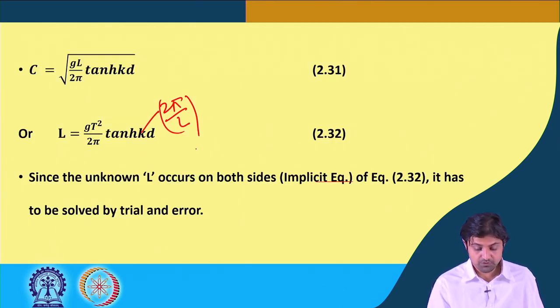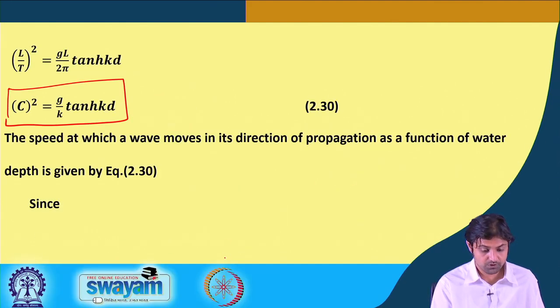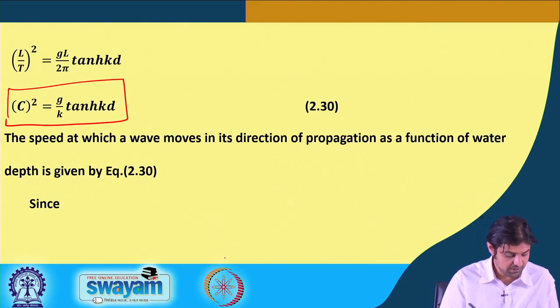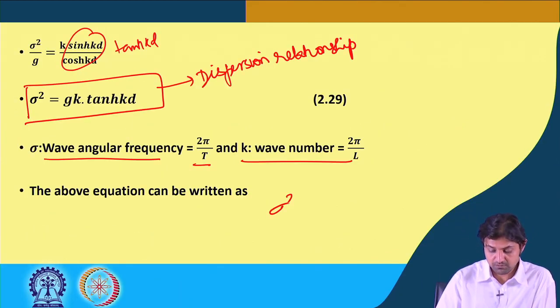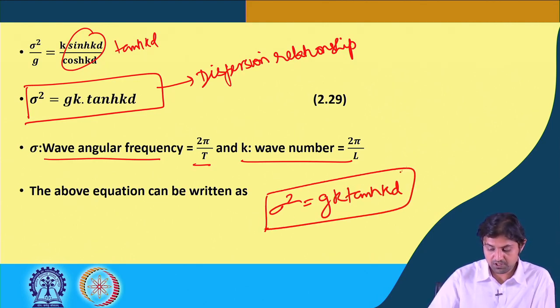So, this is the famous dispersion equation, sigma square is equal to g k tan h k d, which you must remember.